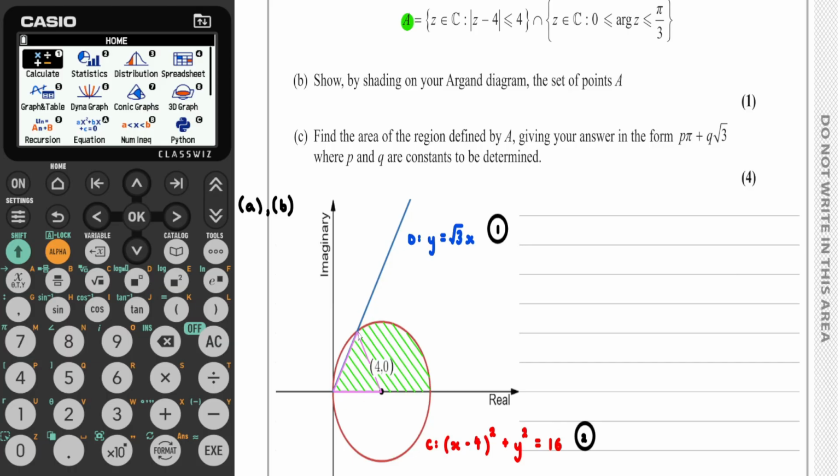We've got this triangle here, and we've also got this segment shown in blue here. The way we can find the green area is to work out the area of the semicircle. Then from that we can subtract this segment, and to find this segment we need to find the area of the sector and subtract from it the area of this triangle.